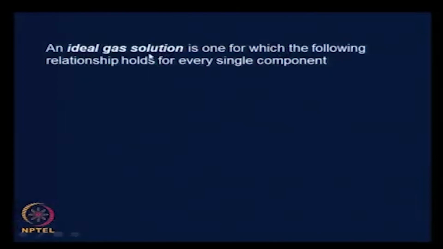Here let us look at an ideal gas solution. An ideal gas solution is one for which the following relationship holds for every single component in the solution: mu_i equals a certain mu_i hash. This mu_i hash is different from mu_i naught. Mu_i equals mu_i hash plus RT ln y_i, the mole fraction of the gas in the mixture.